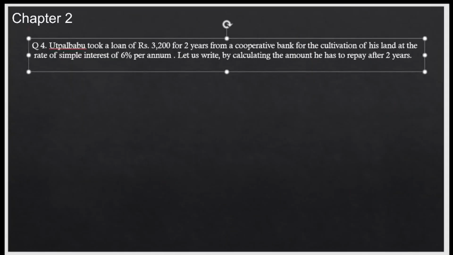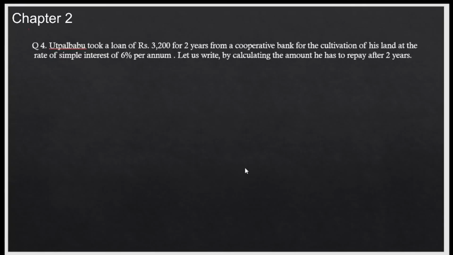Question number 4 is, Utpal Babu took a loan of rupees 3200 for 2 years from a cooperative bank for the cultivation of his land at a rate of simple interest of 6% per annum. Let us write by calculating the amount he has to repay after 2 years. Amount is principal plus interest. Principal is 3200 and time is 2 years at the rate of 6% per annum.